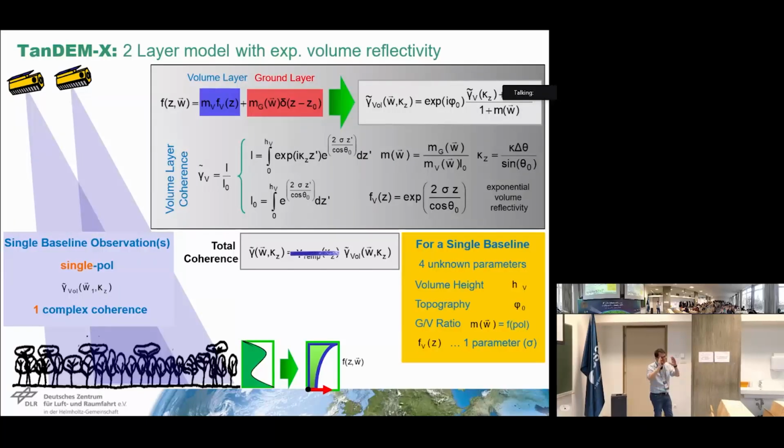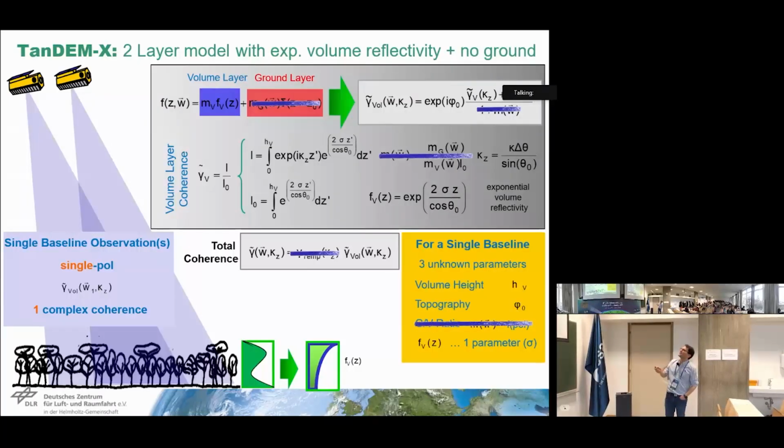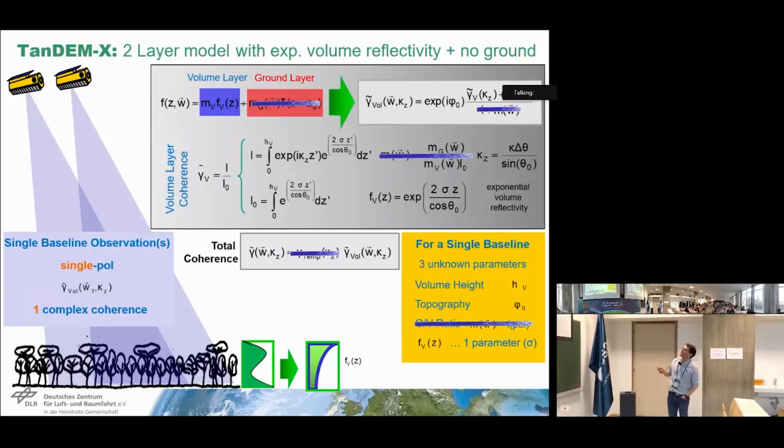You can still make the assumption that you penetrate until the ground, but the attenuation is such that you don't have ground backscattering in your data. So you have no ground layer here, no ground to volume ratio, no parameter here, and now you have the volume height, the topography, and then 1 parameter for the structure.